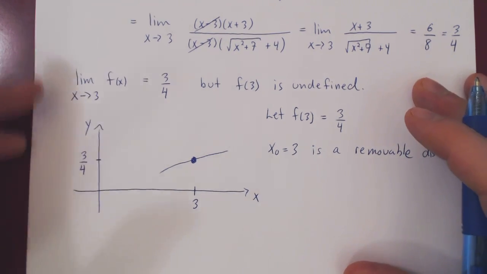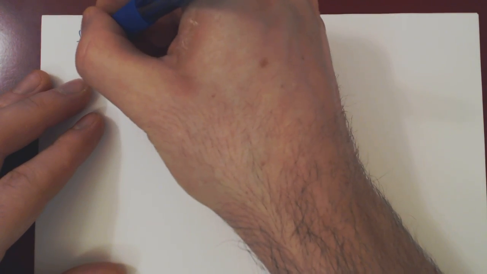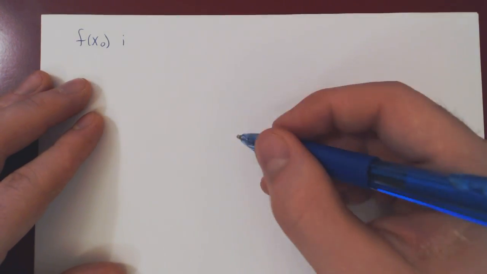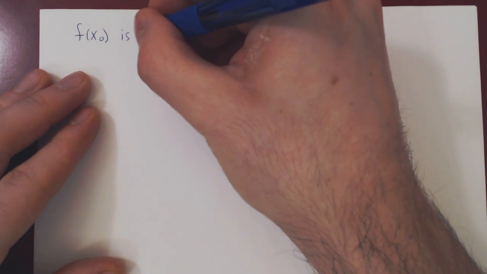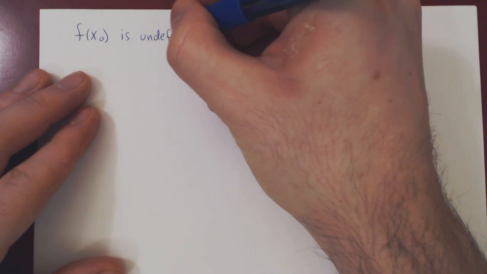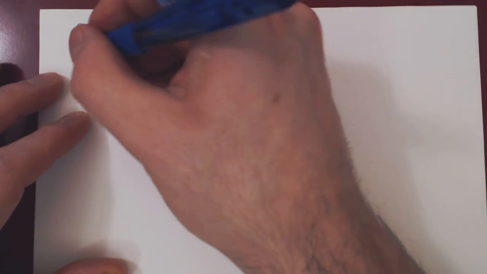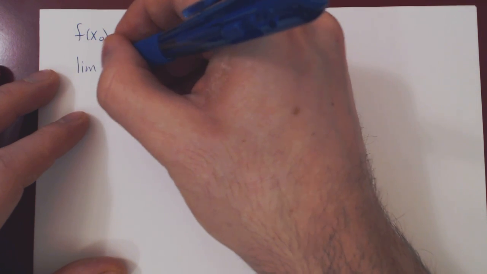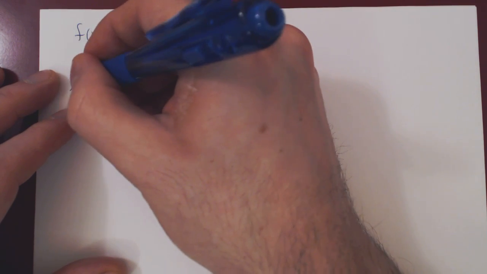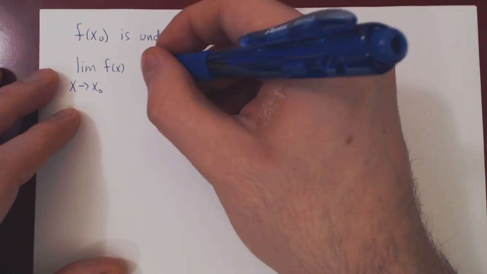And that's it. So to summarize very shortly, to have a removable discontinuity, two things must happen. The value of the function at x0 is undefined. So there is no y value at x0, but the limit of the function as x approaches x0 exists.